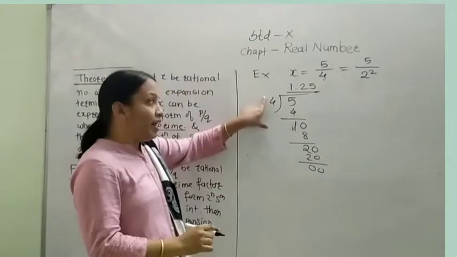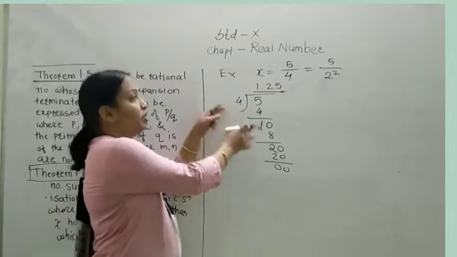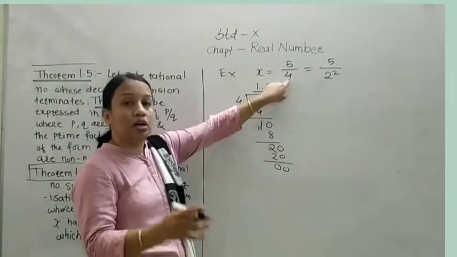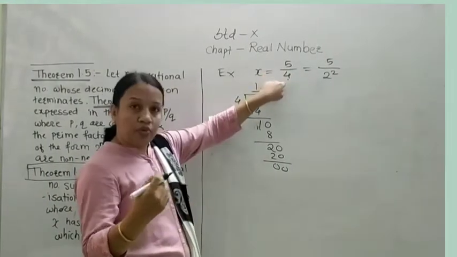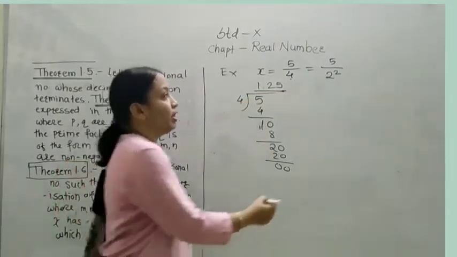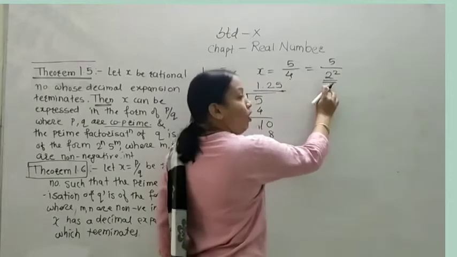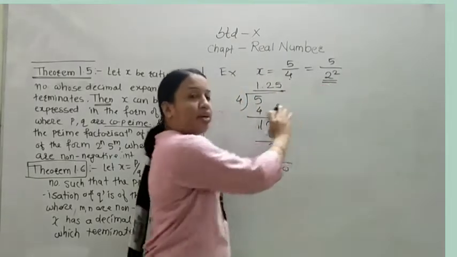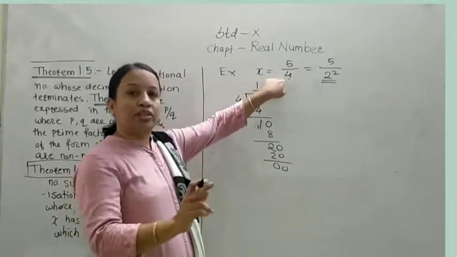Now by division we have to carry out division and then we say that 5 by 4 is a terminating rational number, rather than that you can use only the theorem. As here the power of 2 is there only in the denominator, it means this decimal expansion of this rational number will terminate.